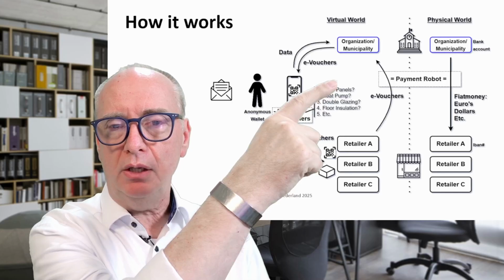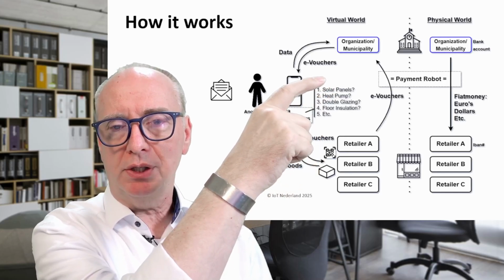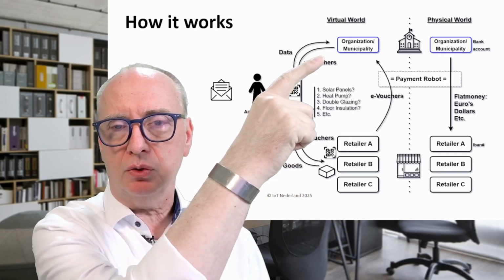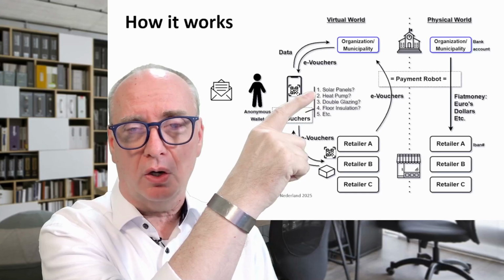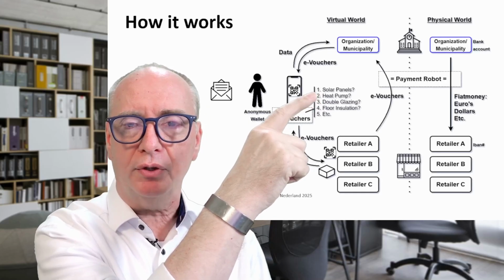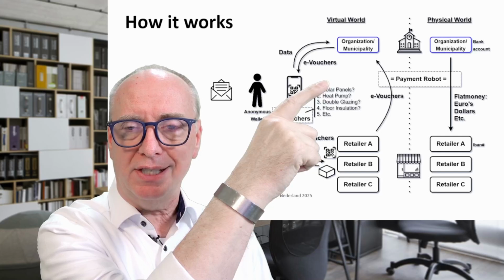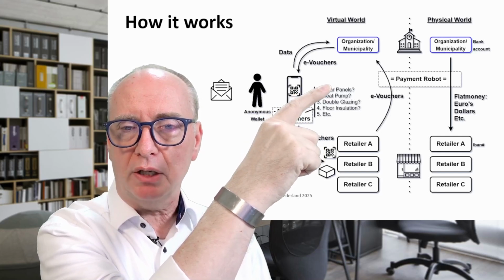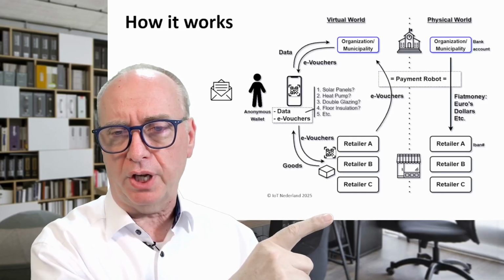But in between, you see it here, is a payment robot, which sees that if 1,000 coins are sent back to the municipality, 1,000 euros or dollars or yen or real, whatever you have as a conversion, 1,000 are sent from the real bank account of the municipality to the real bank account of the retailer.